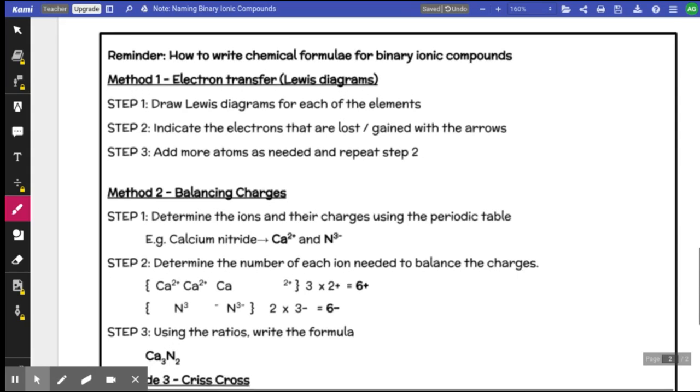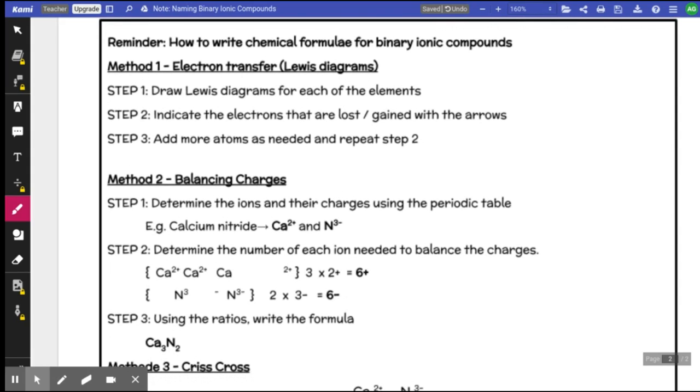This is just a reminder of how you write the chemical formula of binary ionic compounds. We just did this. You can figure it out using your Lewis diagrams. You draw a Lewis diagram of each element and move the electrons around depending on whether it's going to lose or gain. Then you repeat as many steps as you need so that all of the atoms are happy.